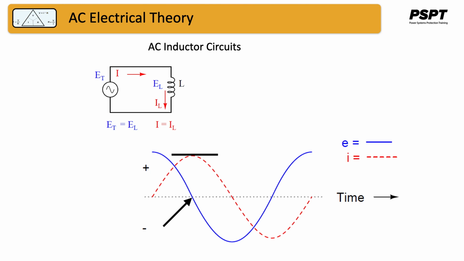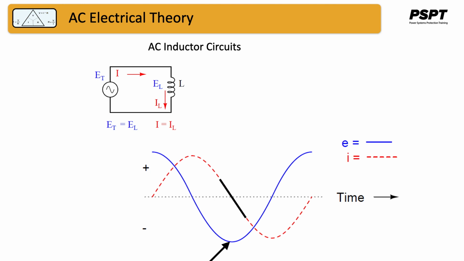Therefore, the instantaneous voltage is zero whenever the instantaneous current is at a peak, zero change, or level slope on the current sine wave. And the instantaneous voltage is at a peak whenever the instantaneous current is at a maximum change, the point of steepest slope on the current wave, and that is where it crosses the zero line.